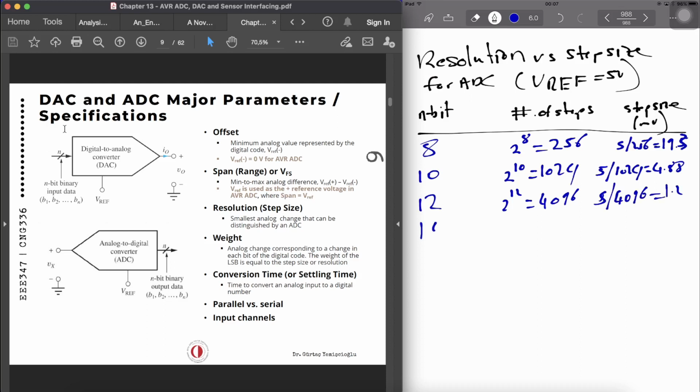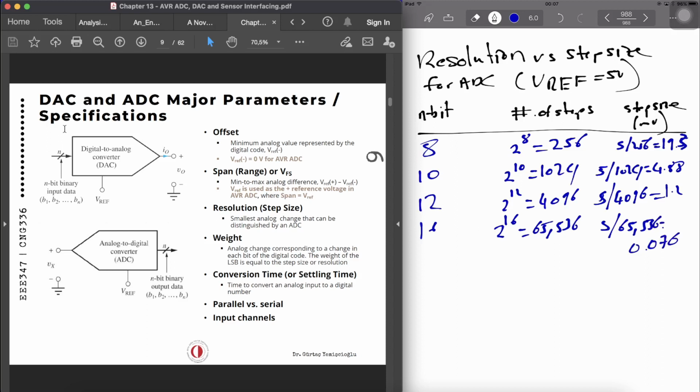Or 16-bit resolution, then 2 to the power 16, which is going to be 65,536, and again VREF over 65,536 will be 0.076 millivolts.